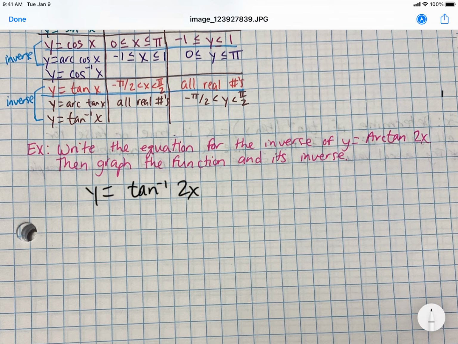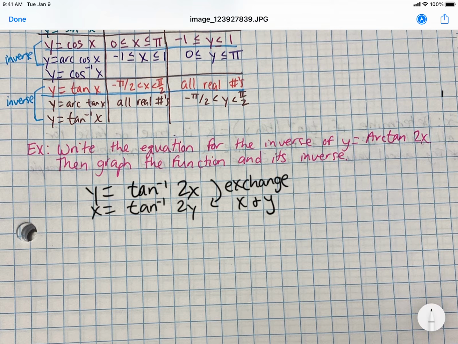What we're going to do is exchange our x and our y. That's how we find an inverse, and then we're going to solve for y. So I'm going to exchange x and y.